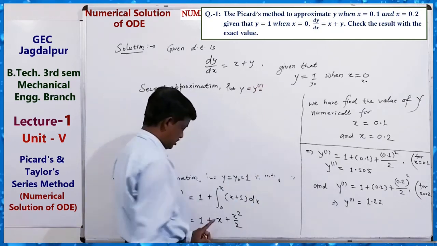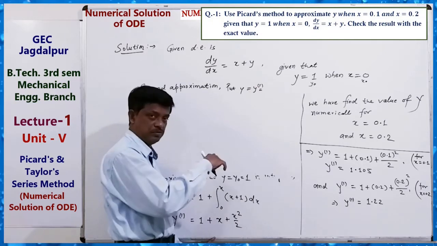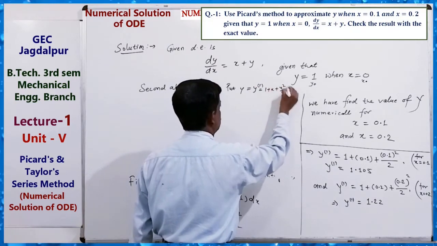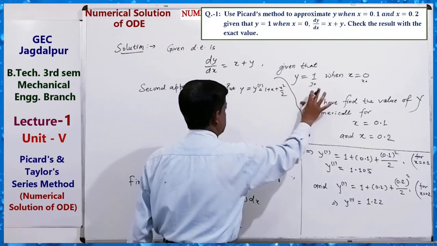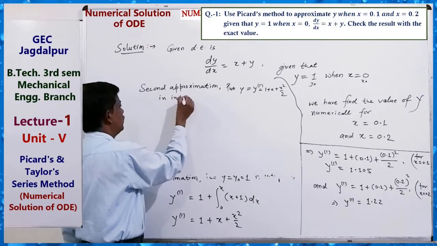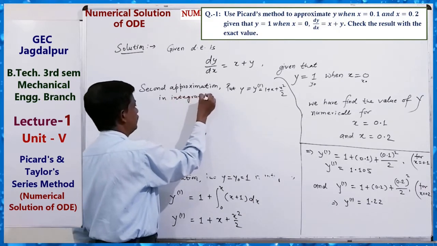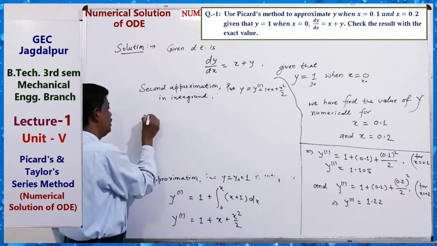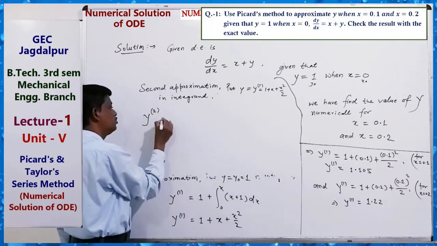That is this value, not a particular value, just the previous value: 1 plus x square by 2 in the integrand. That is, y2 equals what?